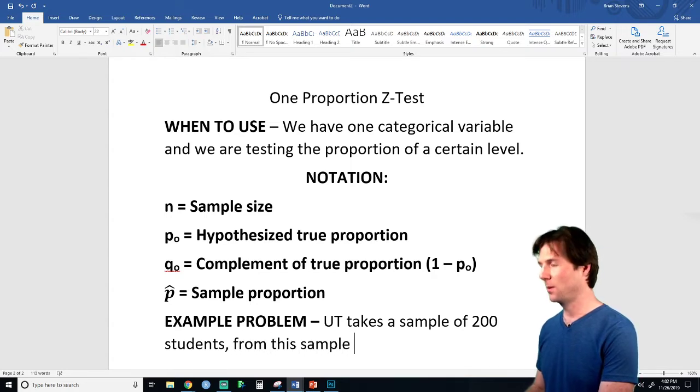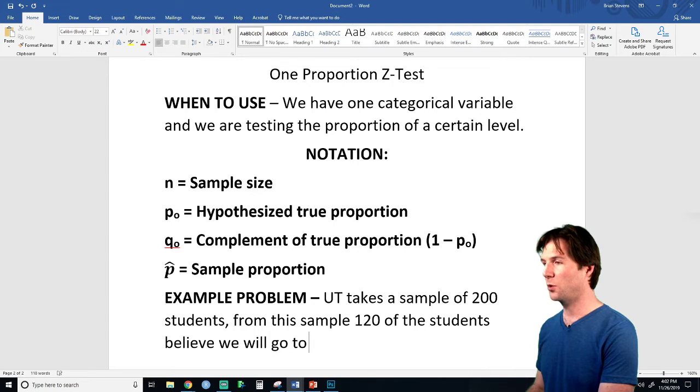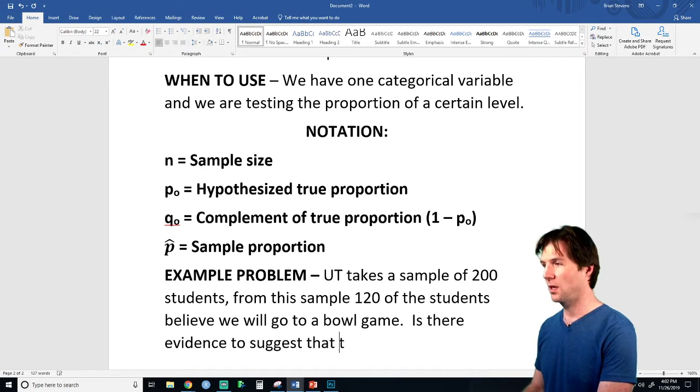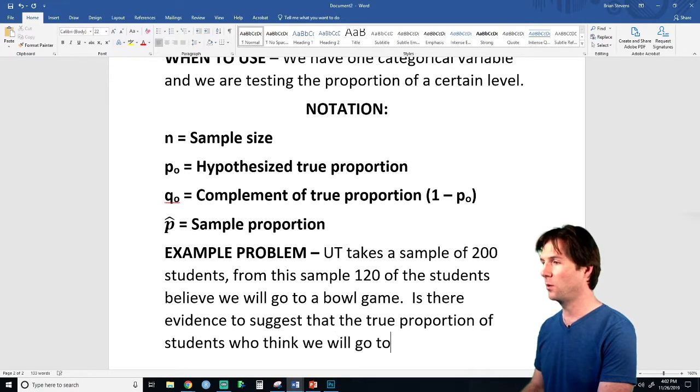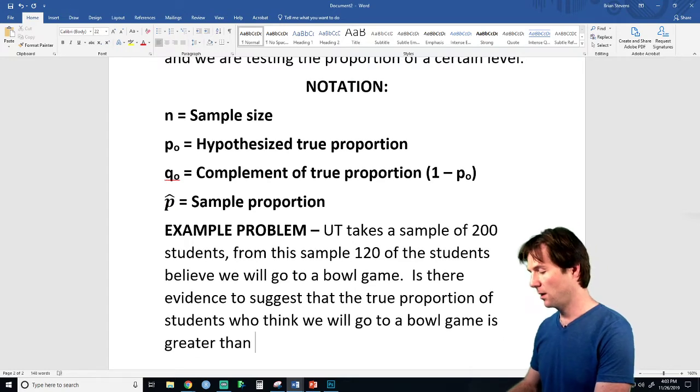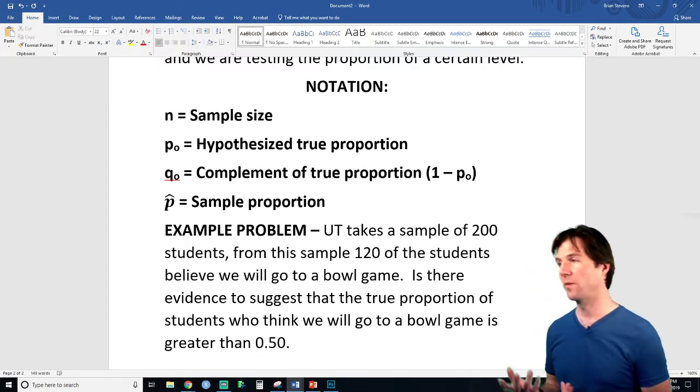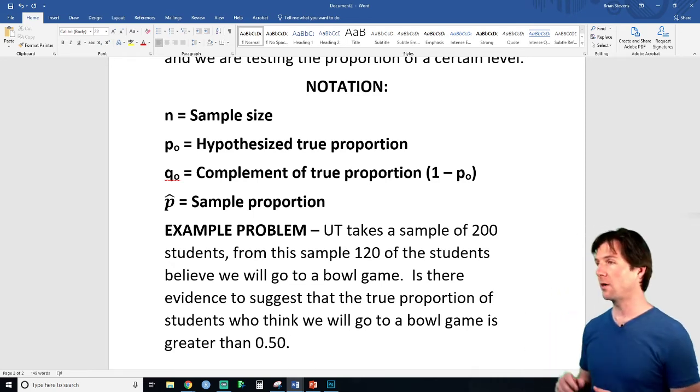From this sample, 120 of the students believe we will go to a bowl game. Is there evidence to suggest that the true proportion of students who think we will go to a bowl game is greater than 50%, or 0.50? Boom, we got our example problem.